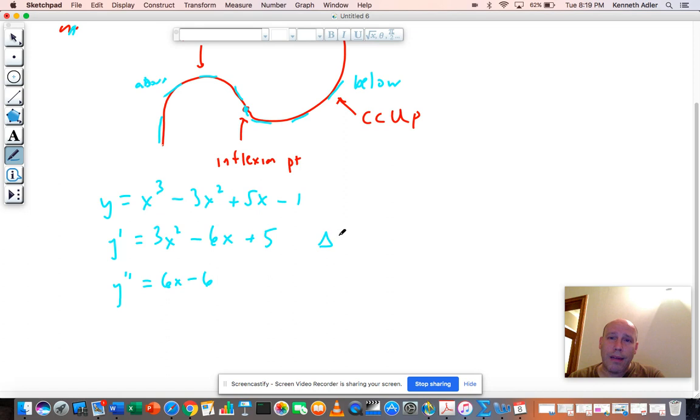Is this function always increasing? 3x squared minus 6x plus 5. The discriminant is 36 minus 4 times 3 times 5, which means this is less than 0. That means the parabola is above the x-axis, which means it's always positive.